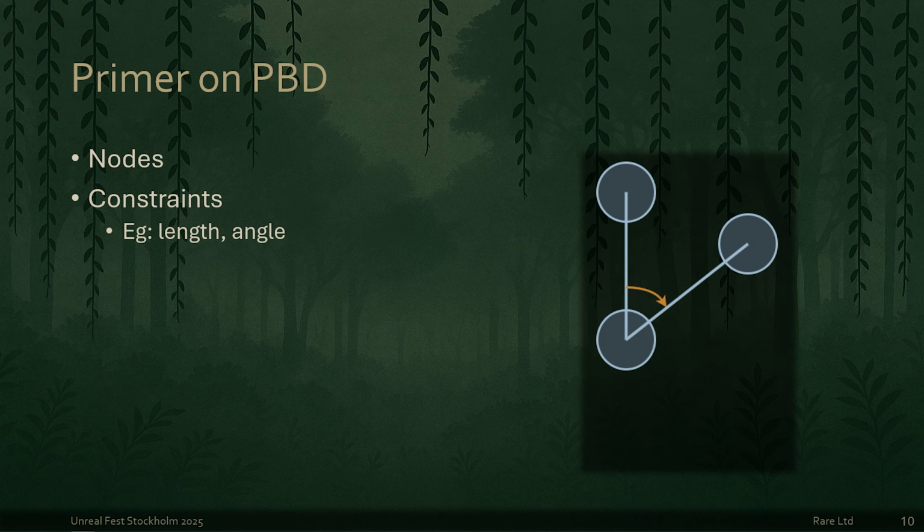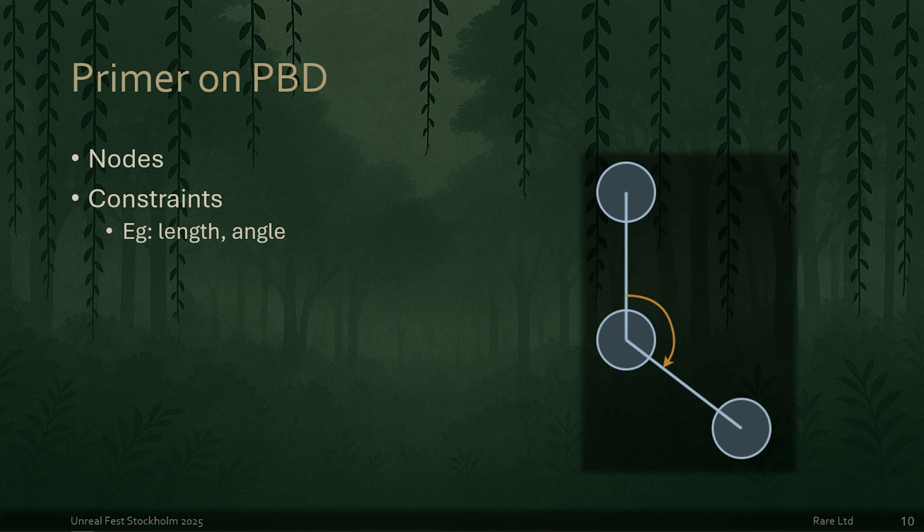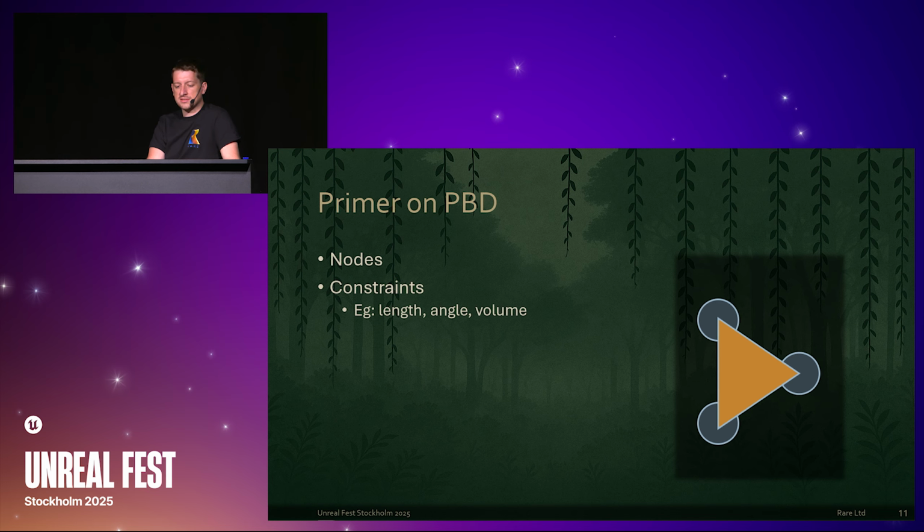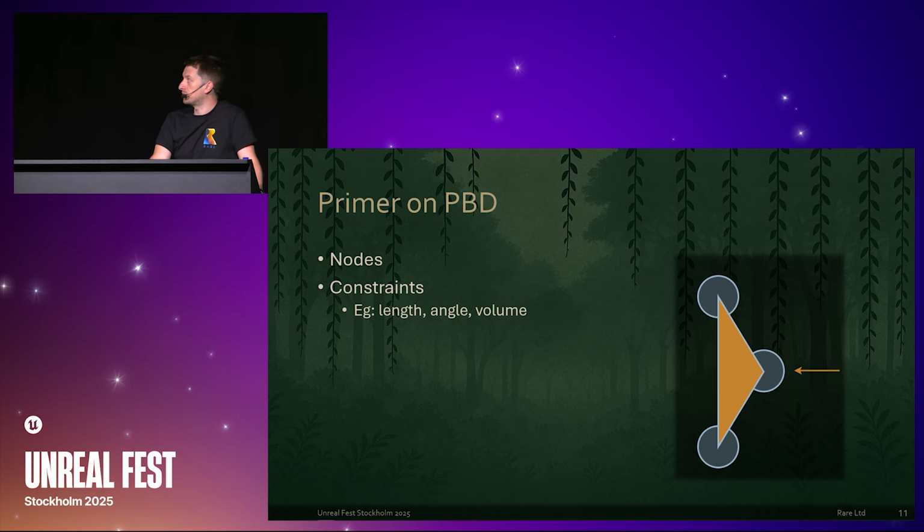Then you get angle constraints that control the maximum angle between a series of nodes. This can be useful to avoid unrealistic bending angles on materials like ropes. You can get volume constraints. They can be useful to retain the volume of a shape when you push or pull a node.